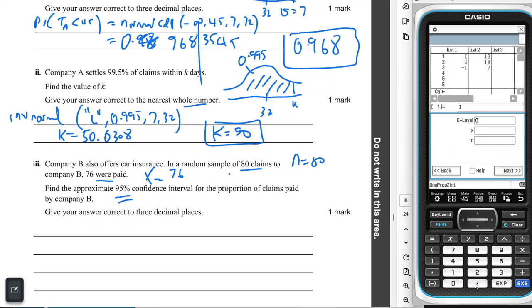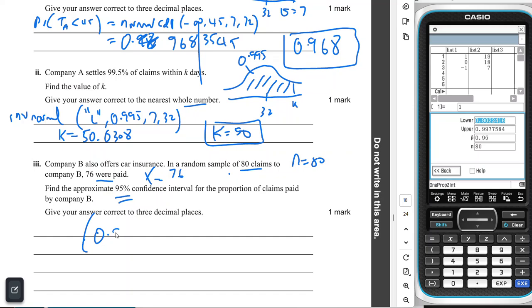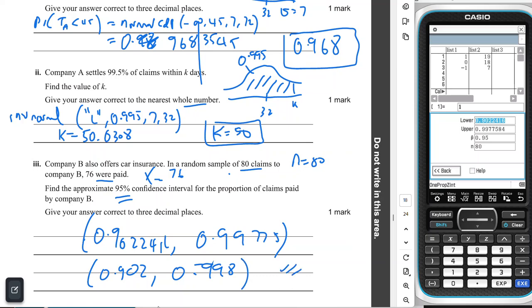My confidence level is 0.95, X is 76, N is 80. Next, and there's my confidence interval: 0.9022416 to 0.99775, which is 0.902 to 0.998 as my confidence interval.